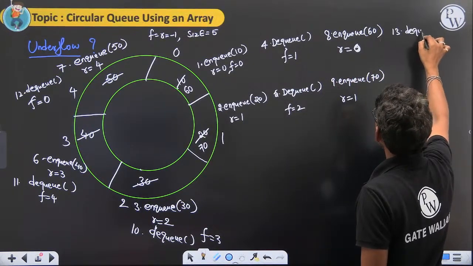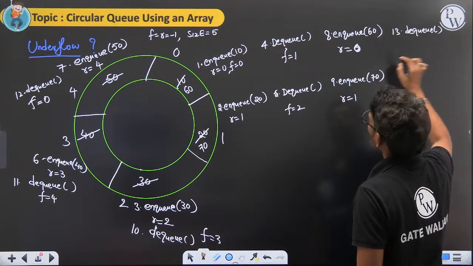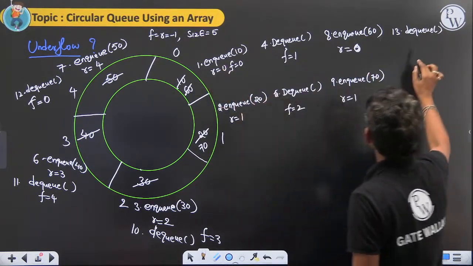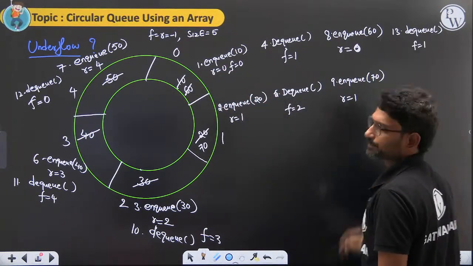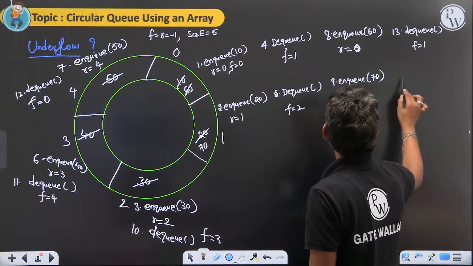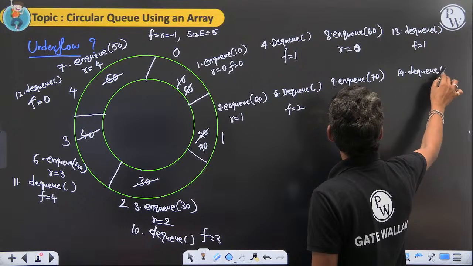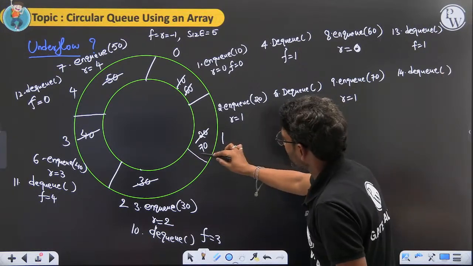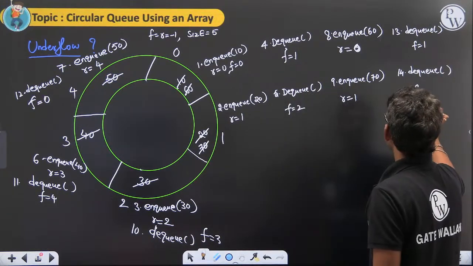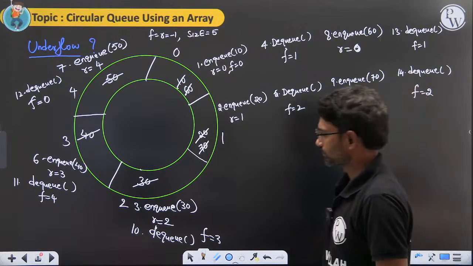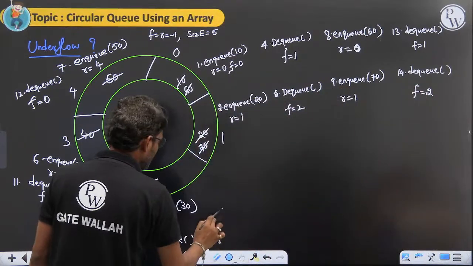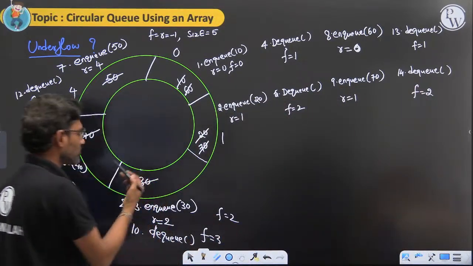Dequeue, 60 got deleted, front becomes 1, and dequeue, 70 got deleted, front became 2. Now front is at 2, rear is also at 2.